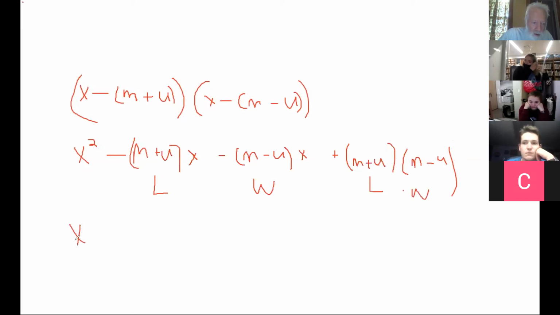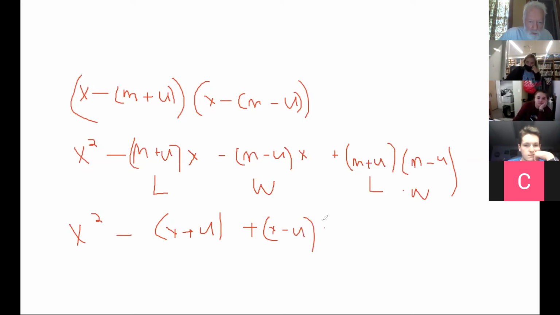So if we write this with a single x term, that's how you would write it as an equation.